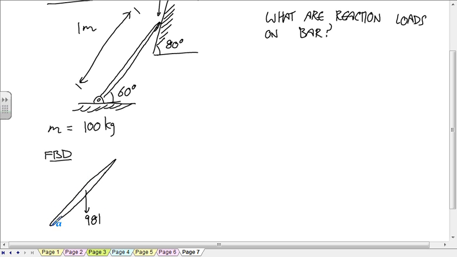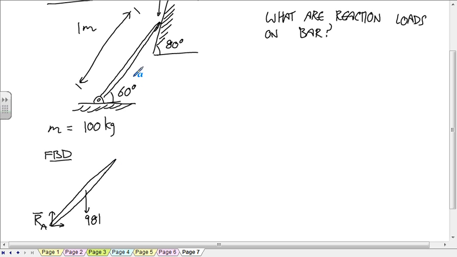So one place is down here. This is a pin joint. So what load type am I going to apply here? Yep, total force vector. So I'll write that as RA. And then up here, that's a frictionless contact. So how am I going to treat that? That's a known direction, so it's going to be perpendicular to something.